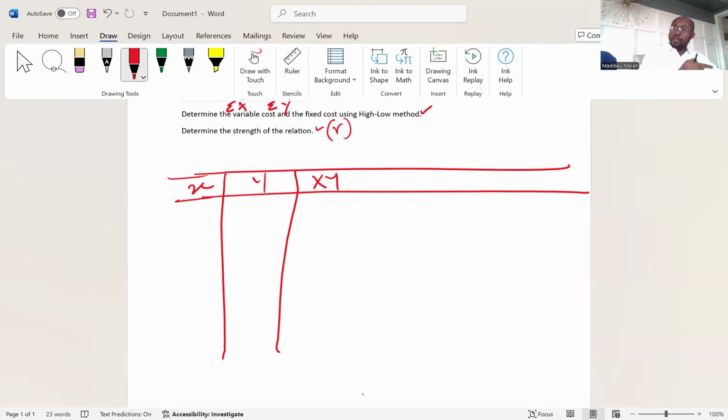Xy means x multiplied by y. Okay, I have my value for x squared and y squared.